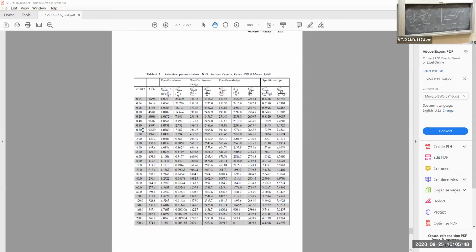So the boiling temperature would be 93.5 degrees C.